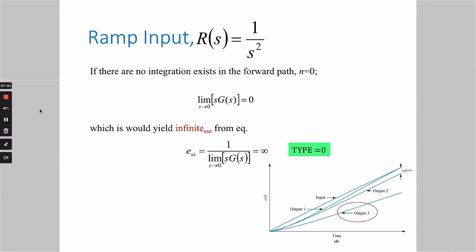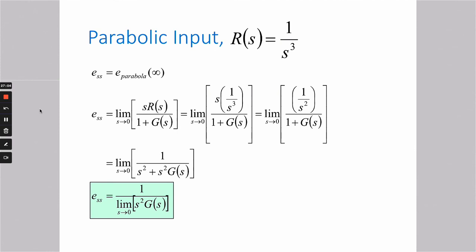And you can do the same for the parabolic input. For parabolic input, R(s) is equal to 1 over s cubed. So you can put it into this equation, and finally, you can get this term for the steady state error.